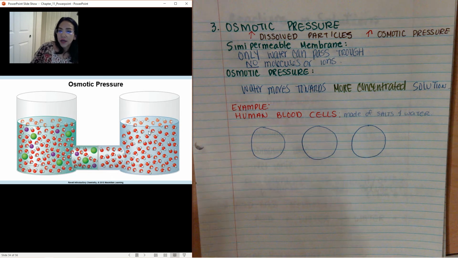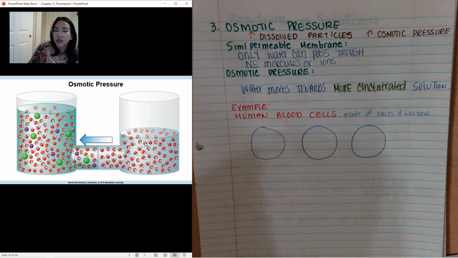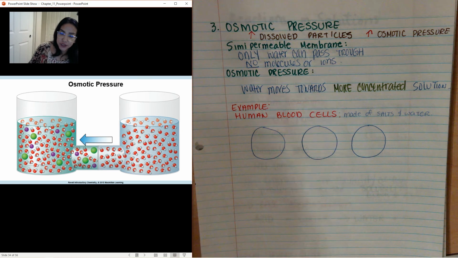So let's go ahead and look at some examples of this. Here we have two containers. One container has some ions in it. The other container only has water in it. Because this first container has less water, it's less concentrated in water, but more concentrated in salt, right?